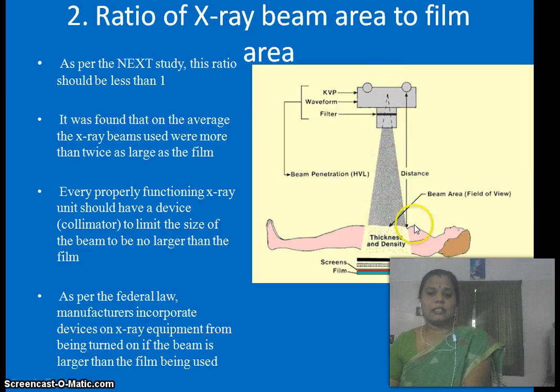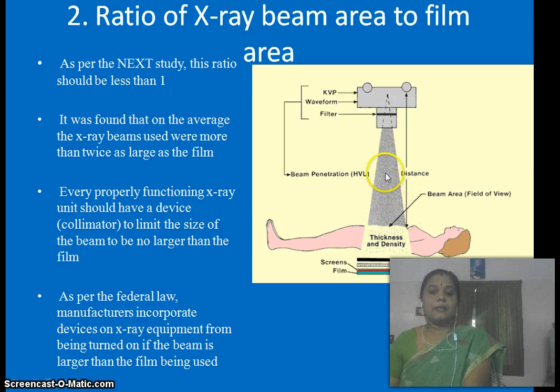So this is the beam area, which is determined by the distance between the X-ray source and the film, and this beam area should always be smaller than the film. So when we take the ratio of the X-ray beam area to the film area, it will always be less than 1, meaning the film will be much larger than the beam area.